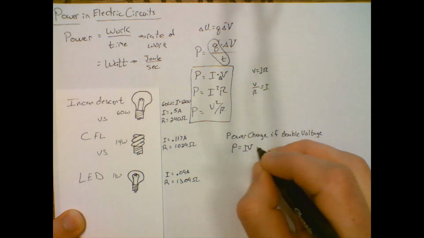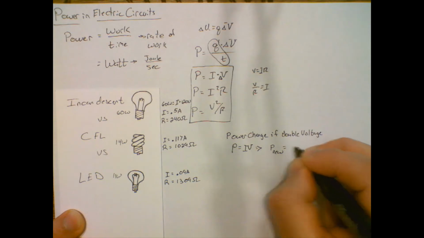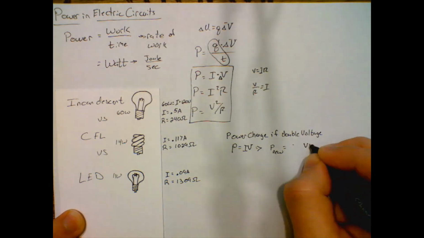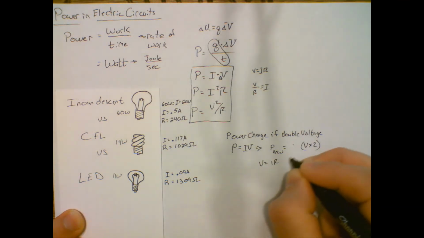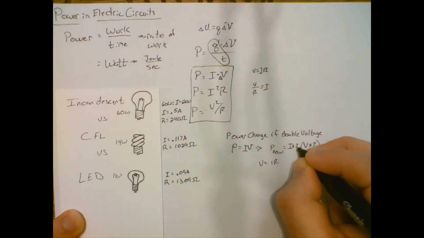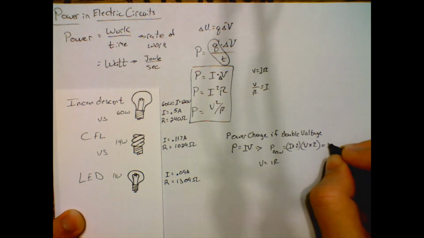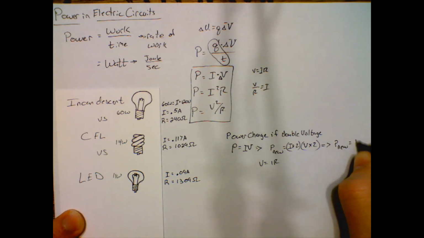If I double the voltage, well, okay, it's double the voltage in this situation. But because V equals IR, I also double the current. Bigger voltage, more current. Effectively, I have quadrupled the power. Pretty crazy, huh?